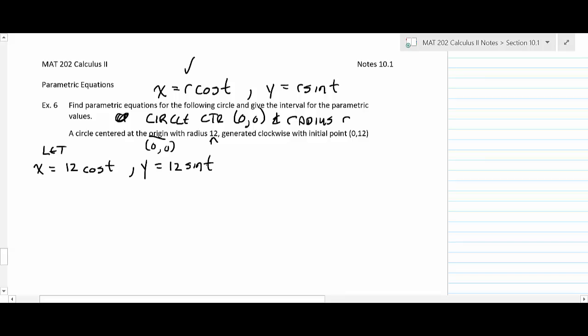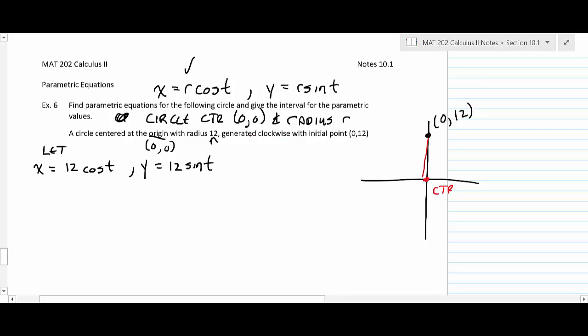Now there's one other thing I need to pay attention to, and that is we have an initial point of 0, 12. This is the center of the circle, and this is the radius, like this.